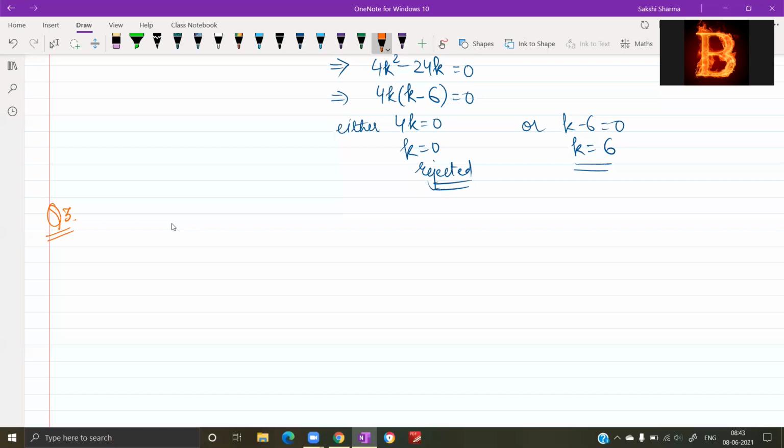Yes, ma'am. Beta, can you help me form the equation for this one? The length is twice the breadth, area is 800. Let the breadth be x. And the length will be 2x.